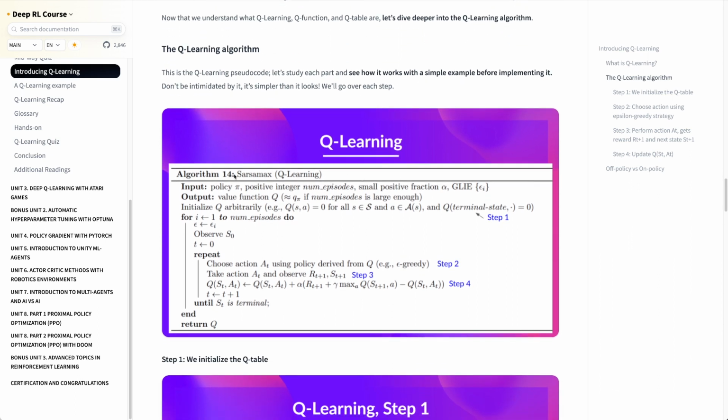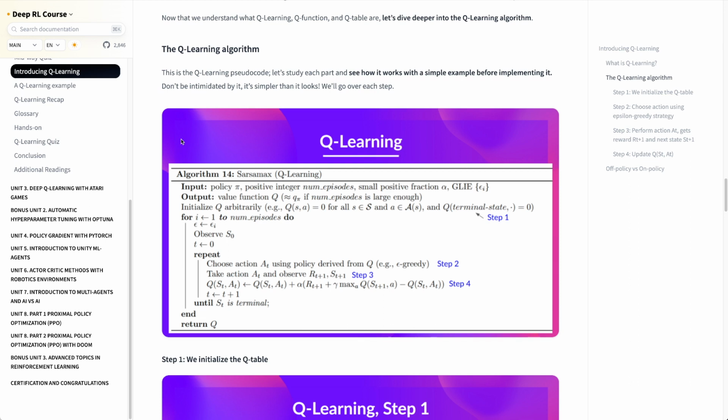Okay, so this is Algorithm 14, first-visit MC control Q-learning. The inputs are the policy pi, a positive integer num episodes, the smallest positive fraction, alpha, and GLIE. I'm not sure what that is. And the output is the value function Q, roughly Q pi if the number of episodes is large enough.